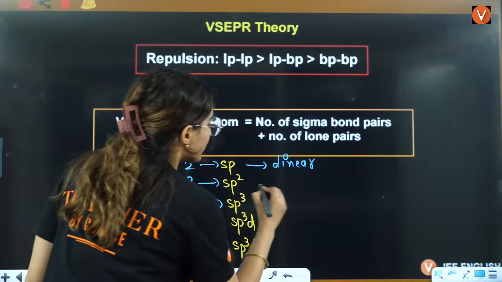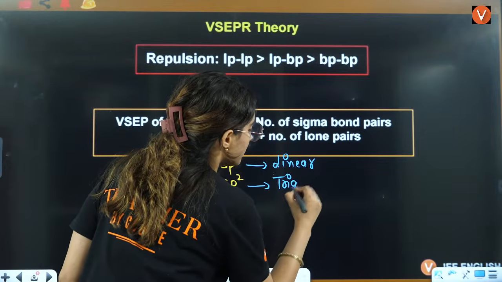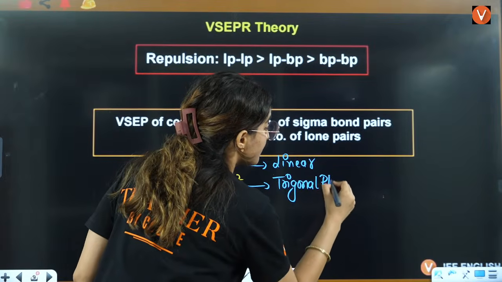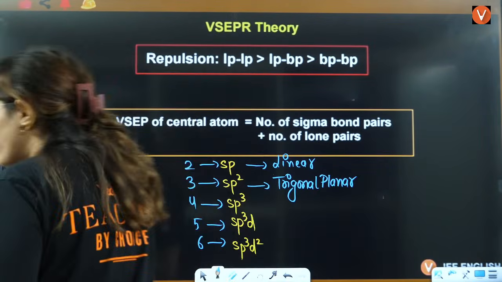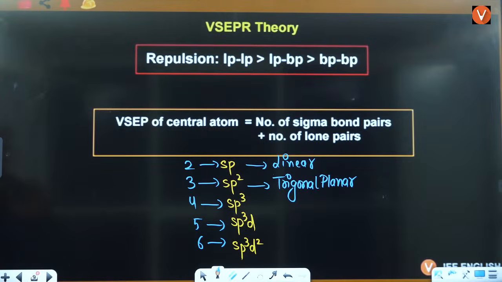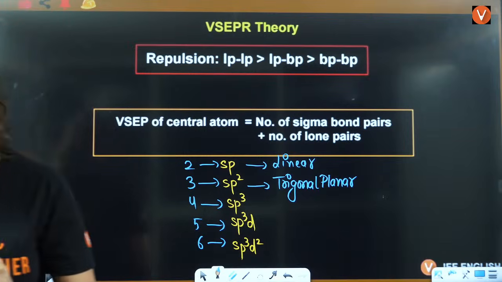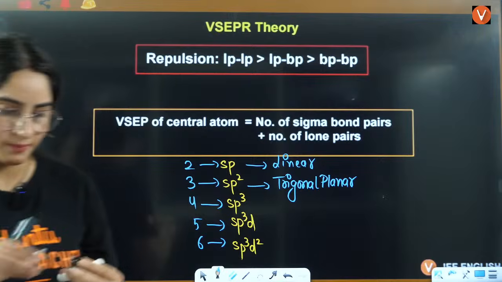In case of sp2, you have trigonal planar geometry. Now, what do you mean by trigonal planar geometry? Here is the atom with 3, this is 1, 2 and this one is 3, okay.